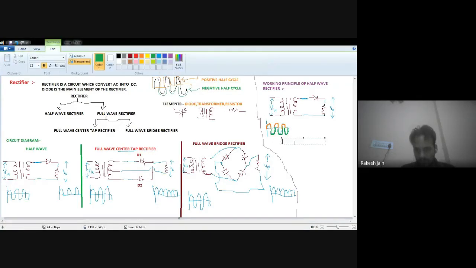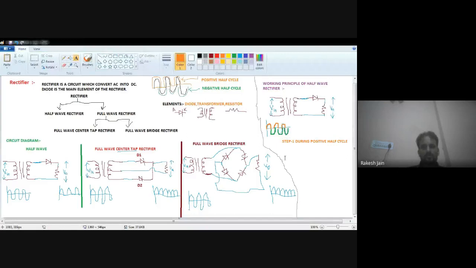First of all I am explaining step 1, with orange color, so you understand the positive half cycle. During the positive half cycle, what will happen? We have to draw the diagram again and show the positive half cycle side.